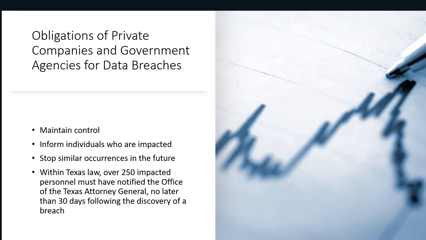In terms of obligations of private companies and government agencies for data breaches, generally speaking, a business must achieve certain objectives in the event of a data breach. Of course, maintain control, keeping things under control to stop the data breach from getting worse. Informing individuals who are impacted on the issue.